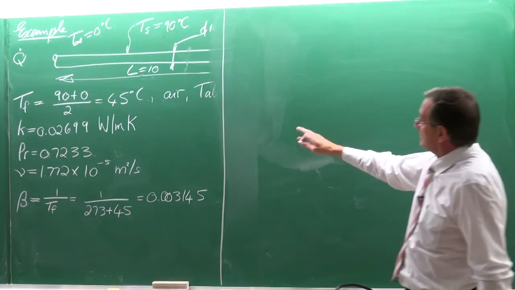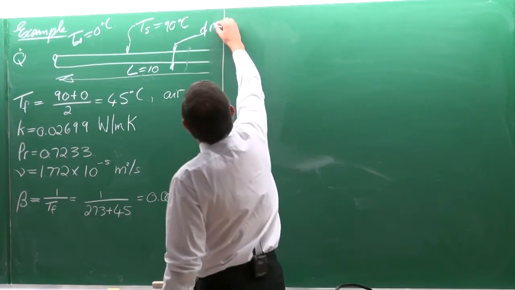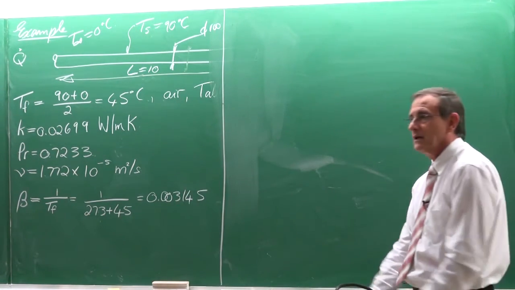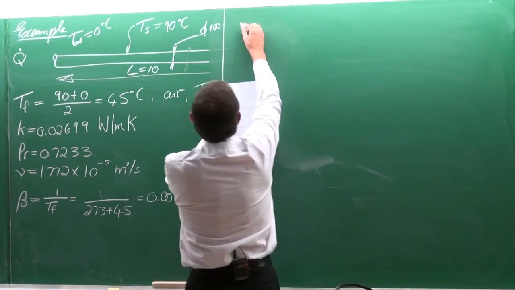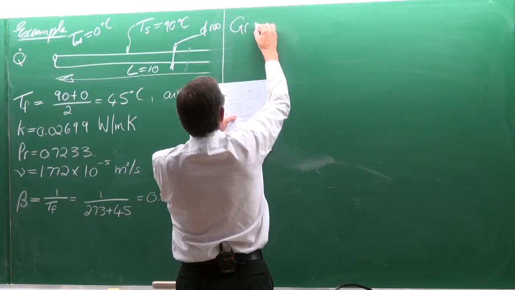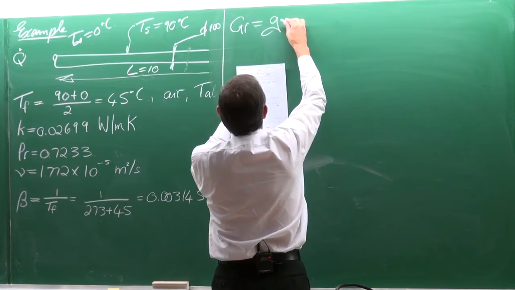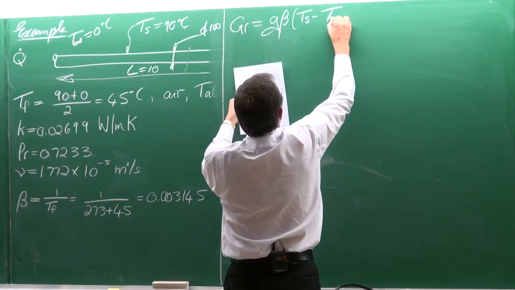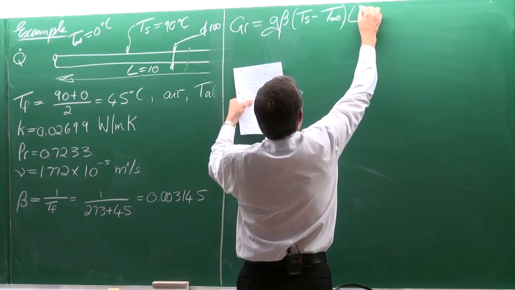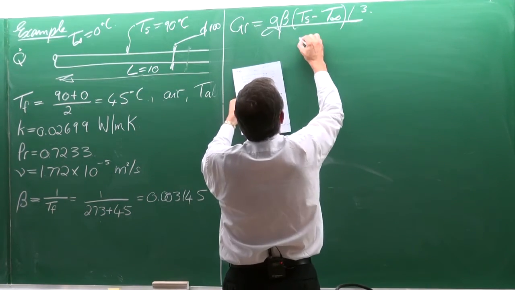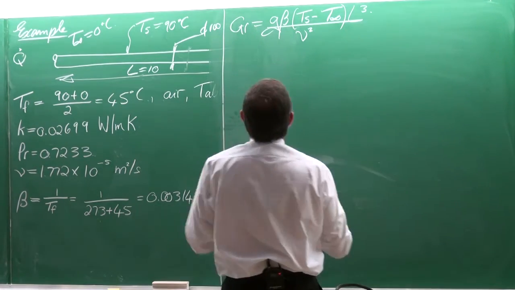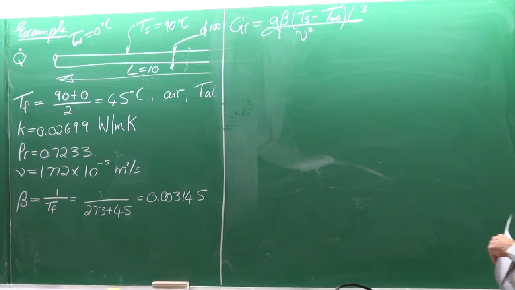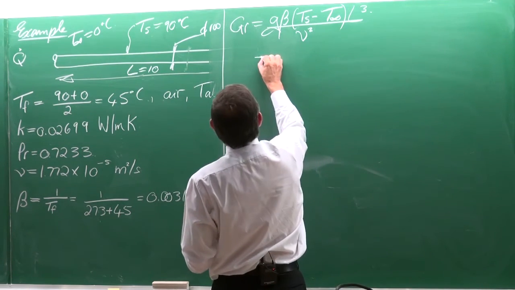Okay, so table A15, and that's 100 millimeters. Okay. So let's calculate the Grashof number. The Grashof number is equal to g multiplied by beta, Ts minus T infinity, multiplied by L to the third divided by the kinematic viscosity squared. So everything is here. Let's calculate it.